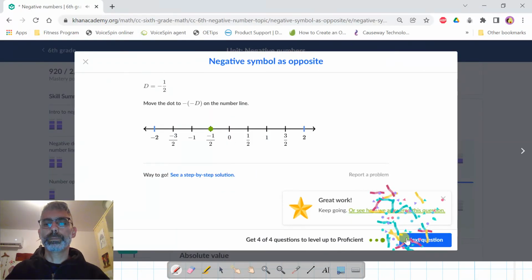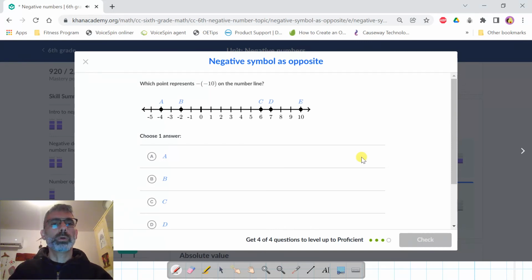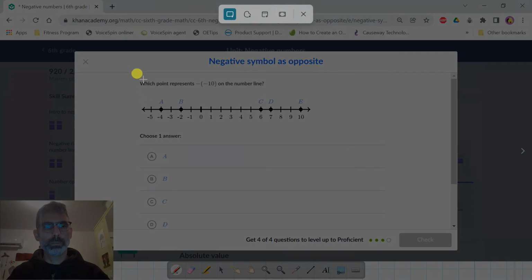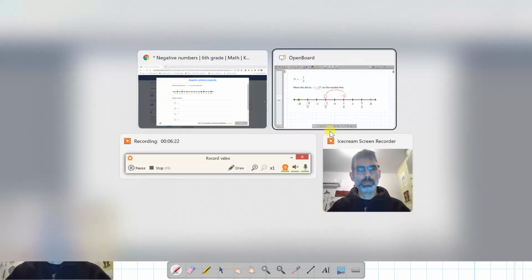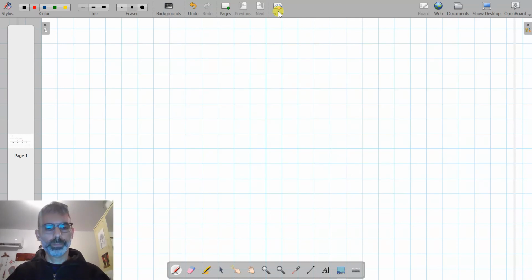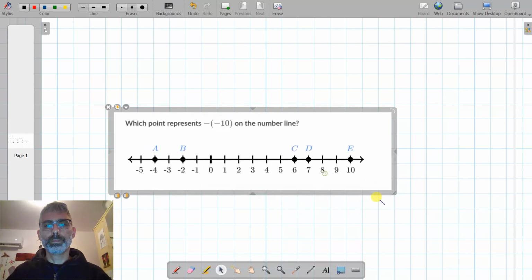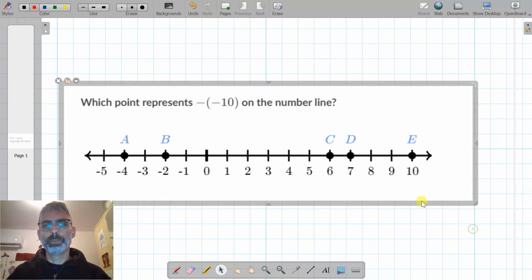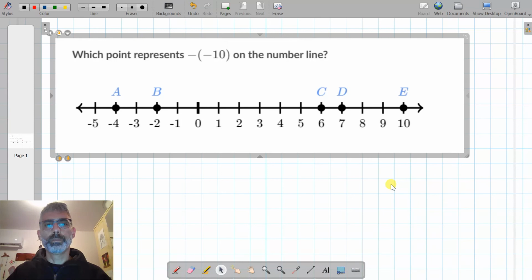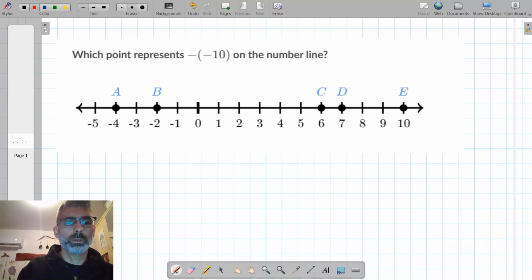Okay. Which point represents the opposite of negative 10 on the number line? Okay, so negative 10 will be farther to the left of the number line.